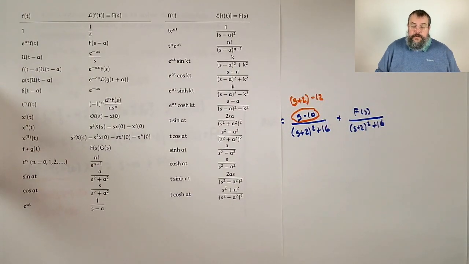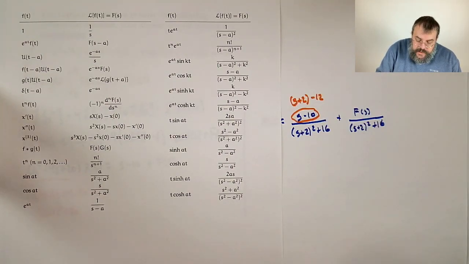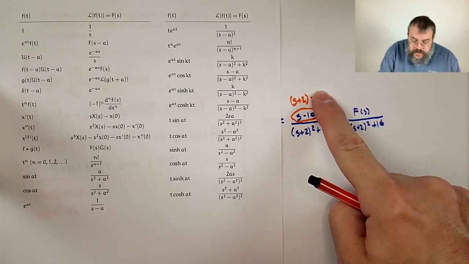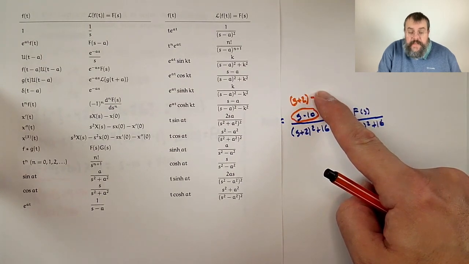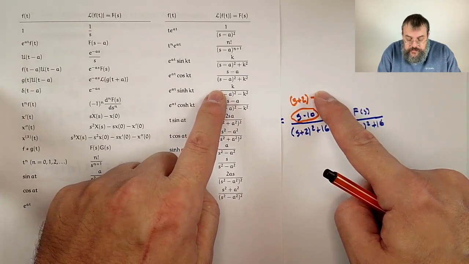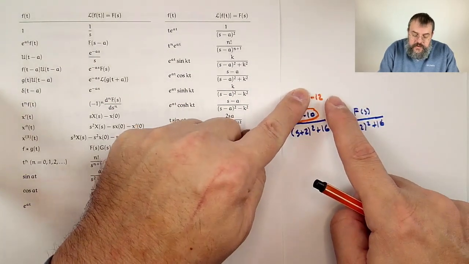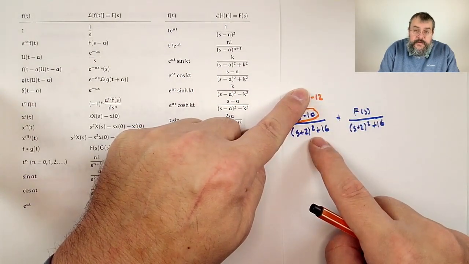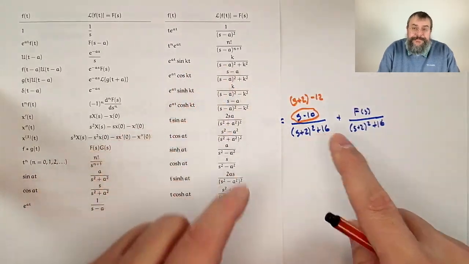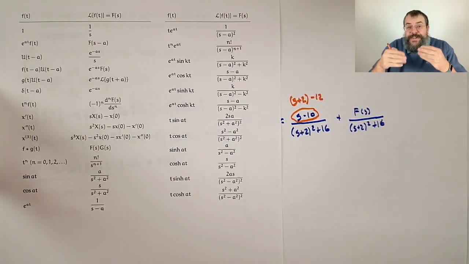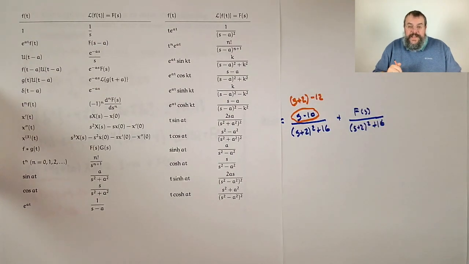Now, why write it that way? See, if we covered up the subtract 12, you'd have s plus 2 over s plus 2 squared plus 16. And that does fit the table. If you cover up the s plus 2, you have a number over s plus 2 squared plus 16. And that also fits the table almost. Well, with a little bit of gentle, loving care. And so, we'll do that.